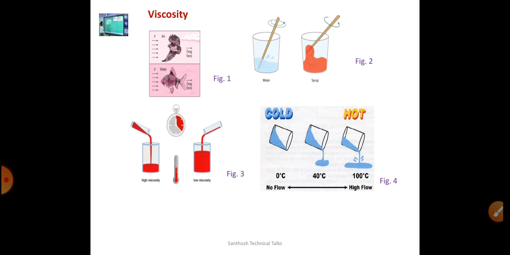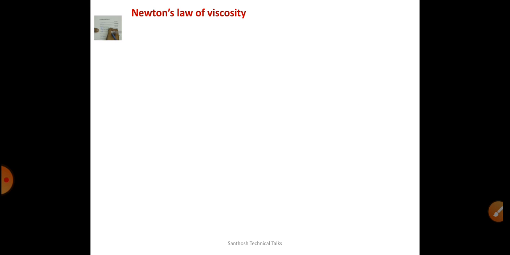If it is a slow liquid at 4 degrees Celsius, it will move a bit. A slow movement is there. If it is at 100 degrees Celsius, it can move faster than at 0 degrees Celsius or our room temperature. So we have to understand that by means of heat, the viscosity varies.